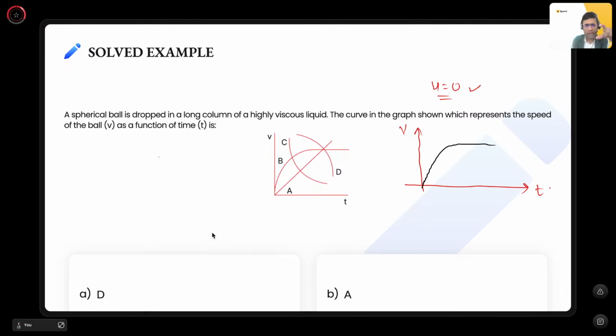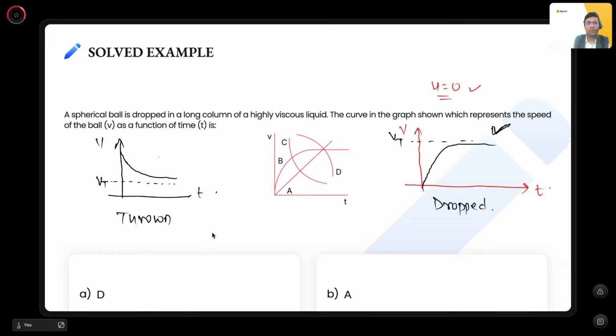There can be a case in which they tell us that we throw the ball in the liquid, so the ball will initially have some velocity because we have thrown it. So the graph will look like this. The speed will decrease and it will attain some terminal velocity. So for this question, the answer is this. This is the dropped case and this is the thrown case.